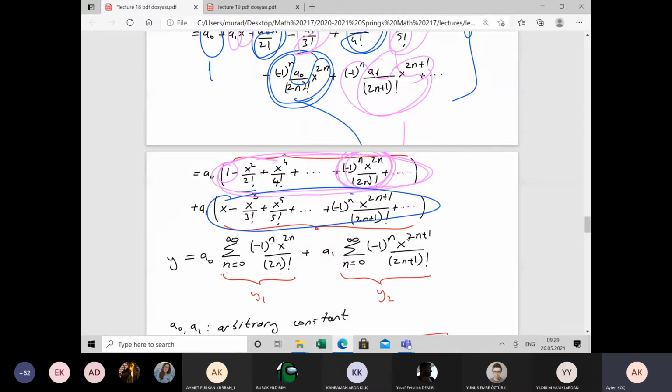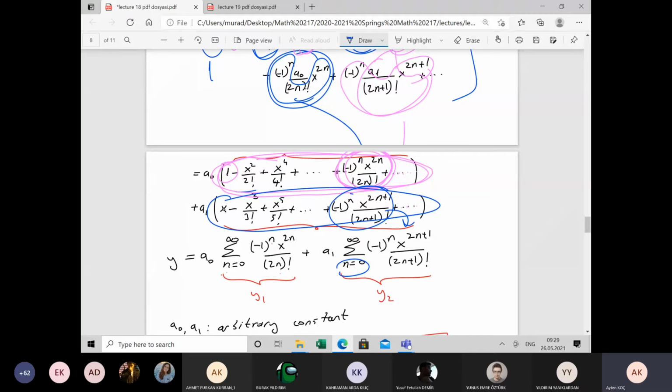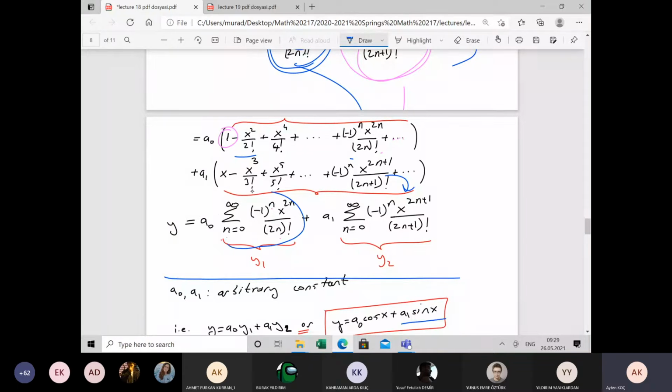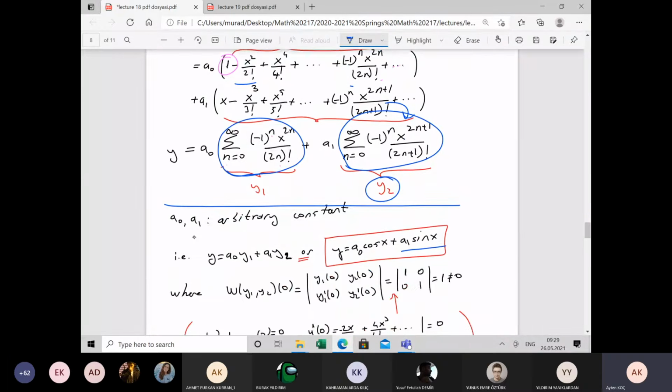The general term right here, from n equals 0 to infinity, because n equal to 0 gives the coefficient 1. So we obtain this line using the sigma notation. a sub 0 is a constant, so this one is called y sub 1, and the other is called y sub 2. a sub 0 and a sub 1 are arbitrary constants. So we obtain a0 y1 plus a1 y2.